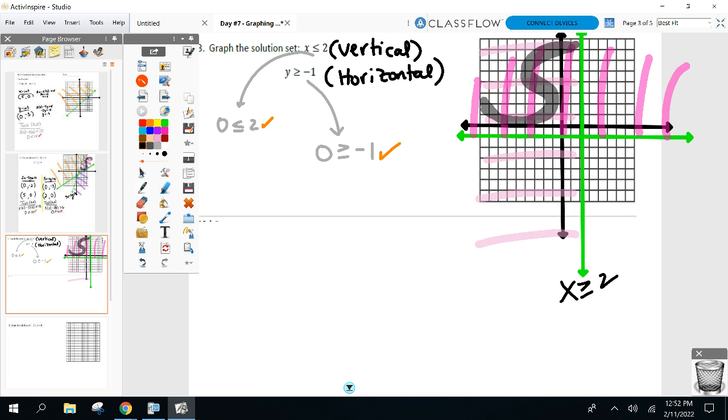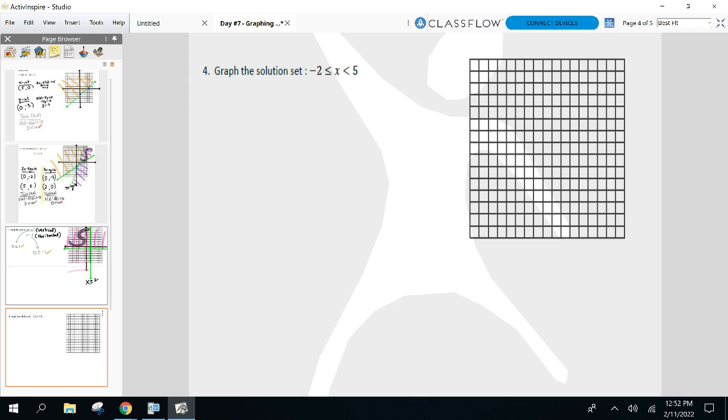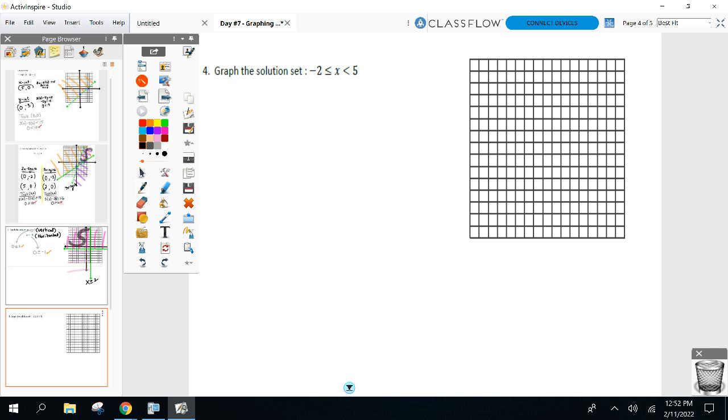Anything? I got one more special type before we get into the big dog. All right, how about this bad boy here? First thing, what's the only variable I see? What's that tell you from our last graph?